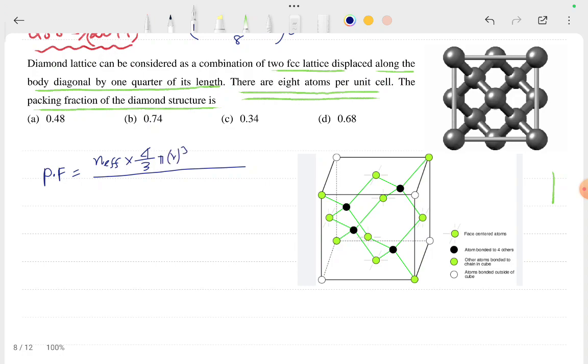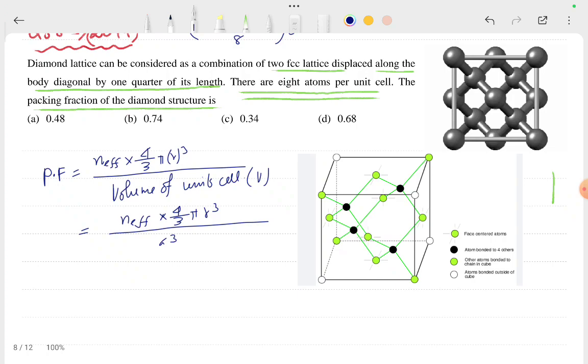This is nothing but the volume of atoms occupied in a unit cell, and this is divided by the total volume of the unit cell. So if you write, it equals N effective into 4/3 pi r cube upon a cube.